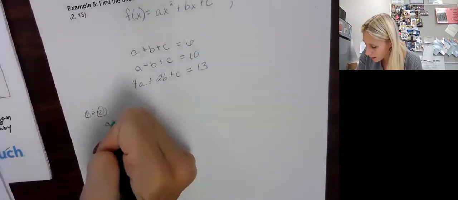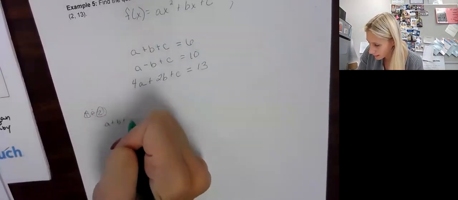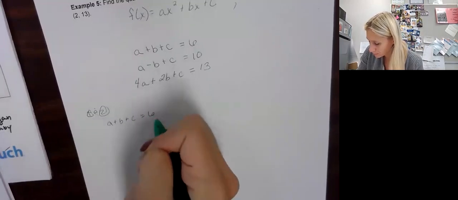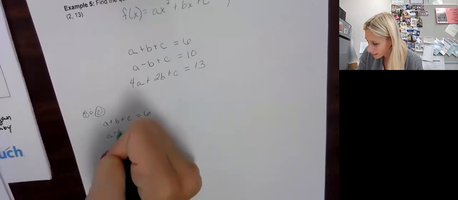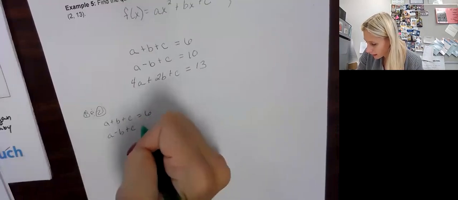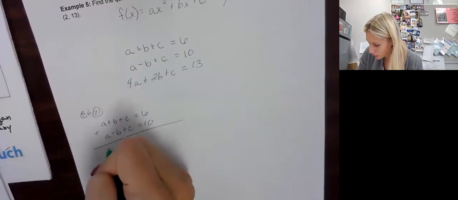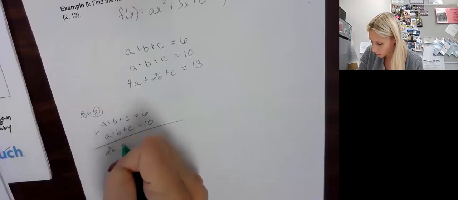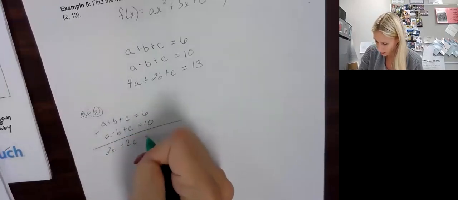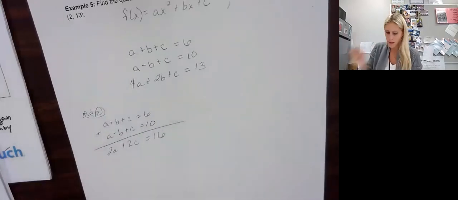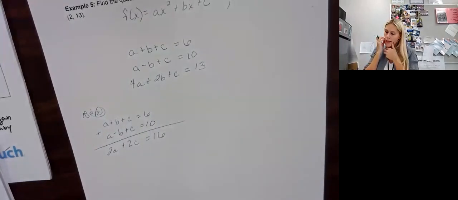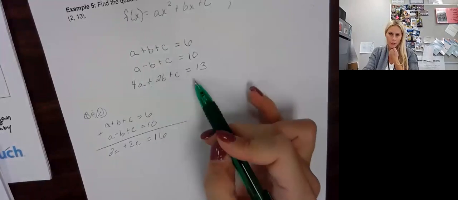So I have a plus b plus c equals 6. A minus b plus c equals 10. Add straight down. I get 2a plus 2c equals 16. Okay, that's great. But as you can see, I still have 3 variables up there.